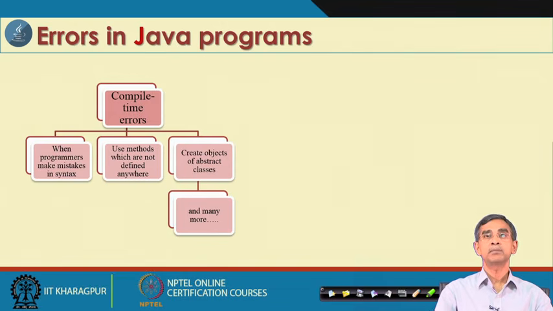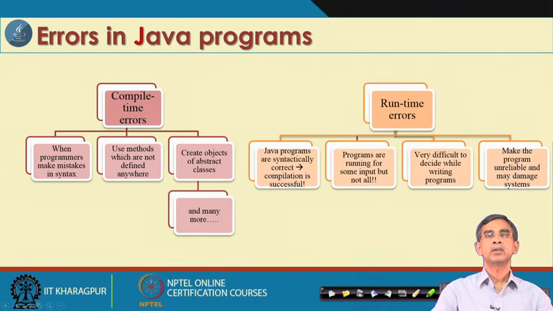On the other hand, the more concerning and more headache are the runtime errors. This is very difficult, because the Java program is written successfully and its compilation is successful, but while running, it does not give the correct output, or it terminates abruptly, or there may be some causes which damage files stored in a database.